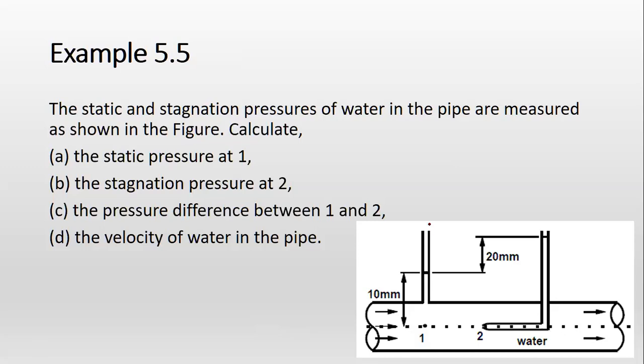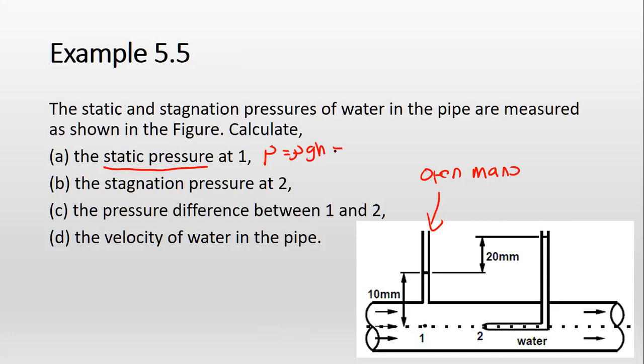So for point 1 here, it is measured by the open manometer. The open manometer can only measure the static pressure. So very easy. We can apply P equals rho g h.